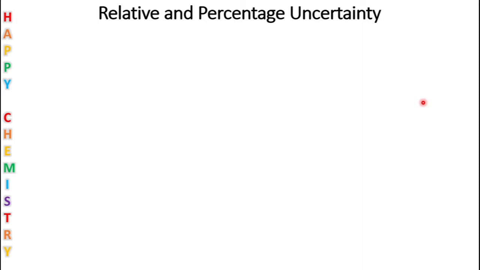There is always an uncertainty associated with the measurements, and to get a more quantitative idea, this uncertainty can be expressed as relative uncertainty and percentage uncertainty. First, we will see what is absolute uncertainty.